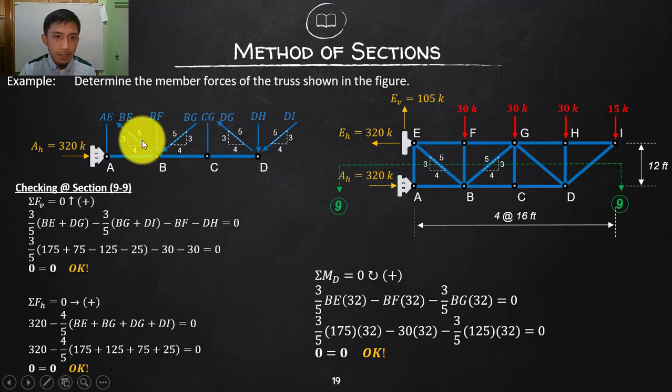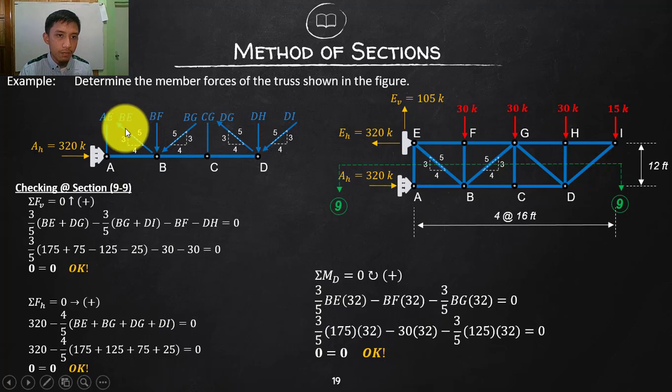Now all we need to do is summate moment, summate horizontal, and summate vertical forces. All of these equations should be satisfied. This is only for the purpose of checking, since we already know all of the member forces. So summate forces vertical, I will start with that. What are the forces vertical?